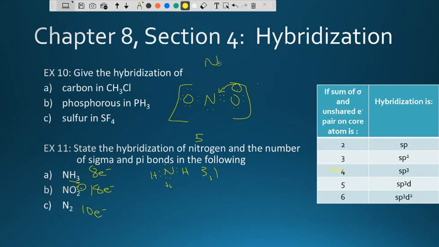Okay, so to draw this out, I'd have oxygen, and I'd have an oxygen, and I'd have a lone pair, and on the outside, I would have one extra electron. Okay, now this is oxygen 1, oxygen 2. A resonance structure would be another double bond over on this one.